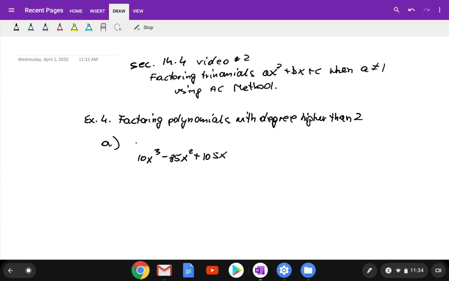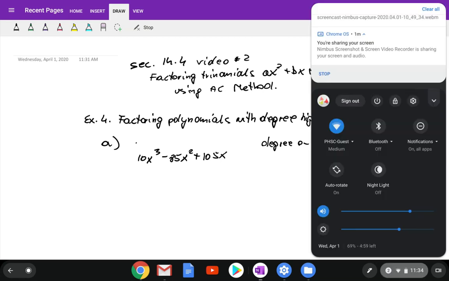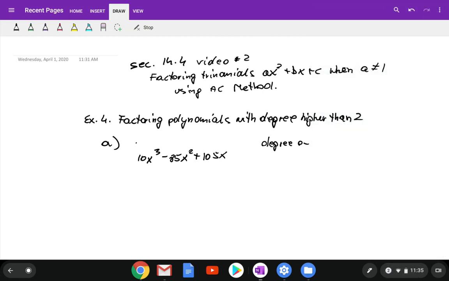So like you see in this case, the degree of the polynomial, let me just write down, degree of polynomial is 3.